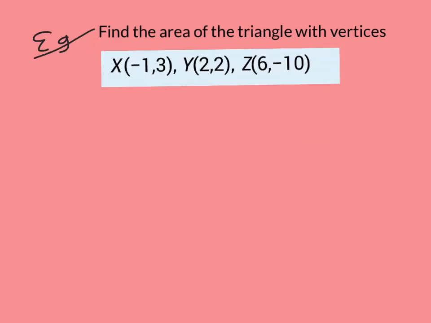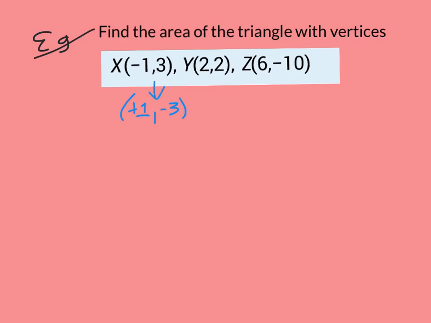Okay, so just to go through one more example from your book, it doesn't matter which point that you go with here, so just keep that in mind. I always tend to go with the first point, but you could go with this one or this one, it does not matter. Okay, so what I'm going to be looking to do here is to get this point x to 0, 0, and I know that if I add 1 here and I subtract 3, then my point will go to 0, 0.